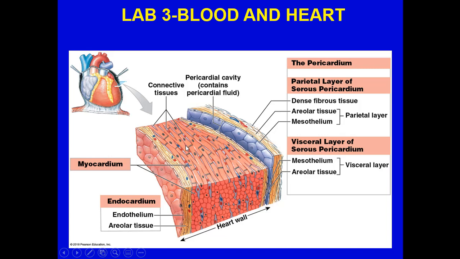Here you have connective tissue spaced in between all of the myocardial cells. You also have this space here which contains pericardial fluid. The endocardium consists of endothelial cells, which actually face the blood, and areolar tissue right underneath it.